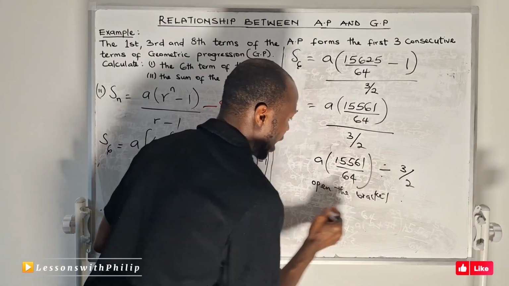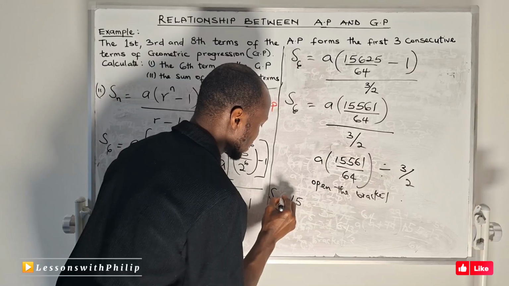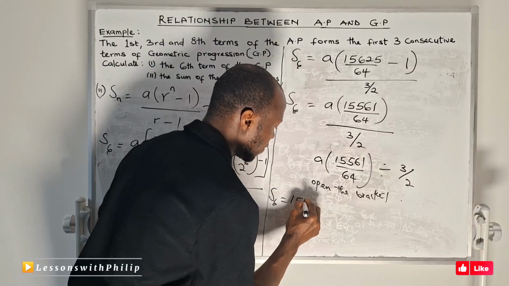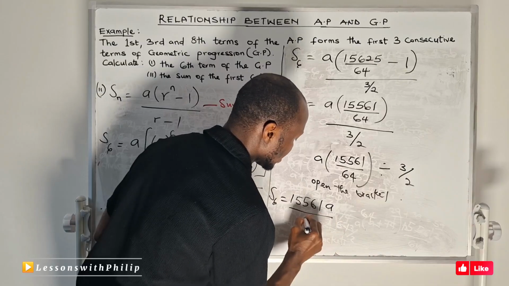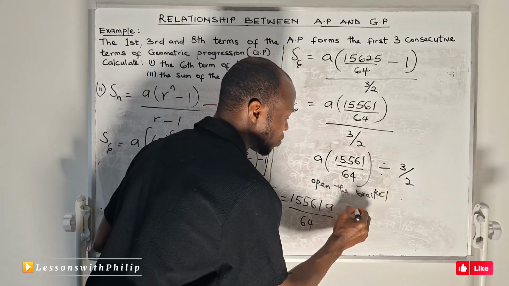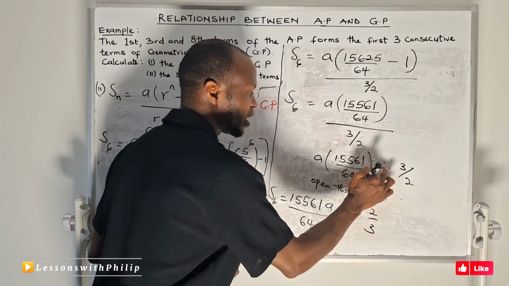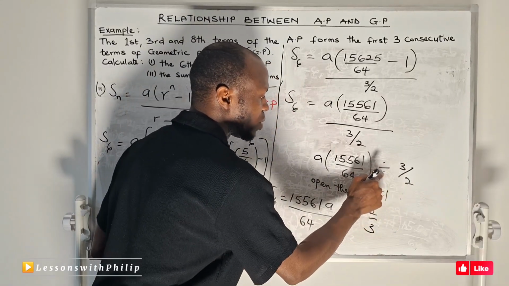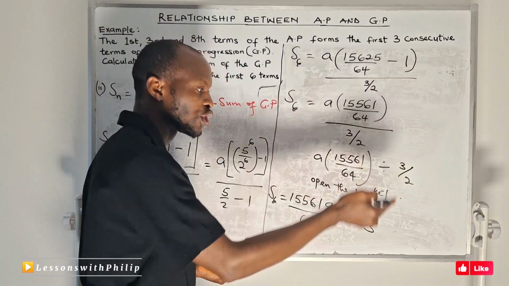If I open the bracket, my sum of my 6th term will now be equal to 15561A divided by 64. If I change this one to multiplication, it will be multiplied by 2 over 3. Don't forget, I've said if you change this division to multiplication, your numerator will come down and your denominator will go up.